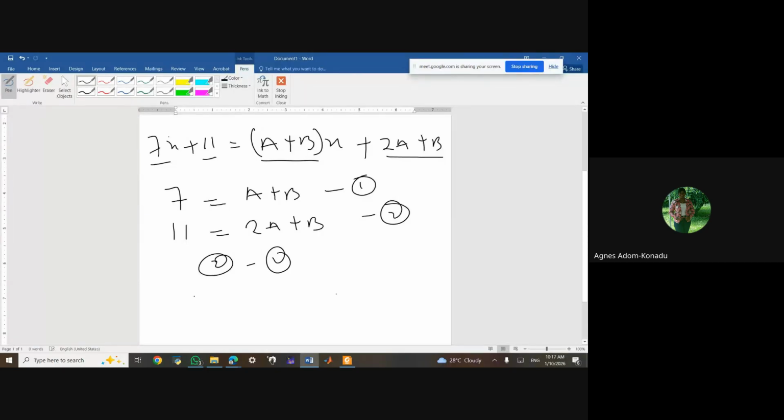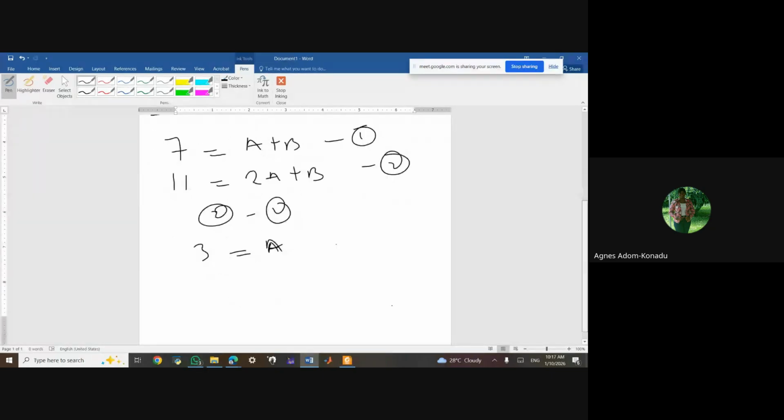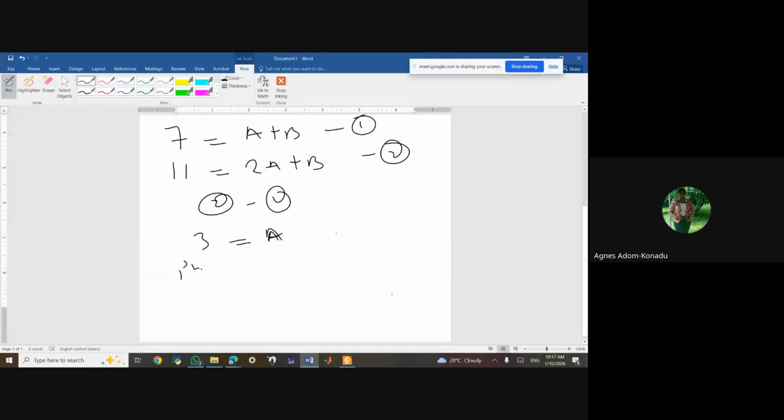This will give me 3. This is equal to, when I subtract this, I'm going to get A, and when I subtract it, I'm going to get 0. So this means that my A is equal to 3. Now I can substitute A is equal to 3 into equation 1. Sorry, it's 4.